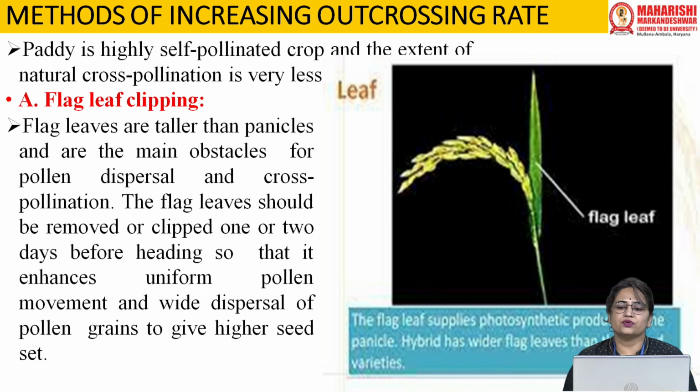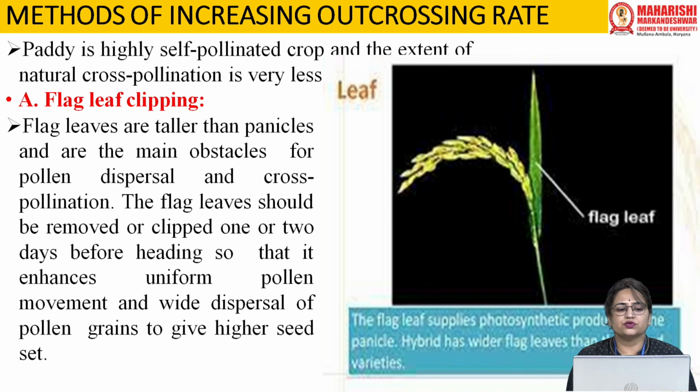Here you can see in this picture, this leaf is the flag leaf. Flag leaves are taller than the panicles, and this is the panicle where the grains will come. The flag leaves are the main obstacles for pollen dispersal and cross pollination.